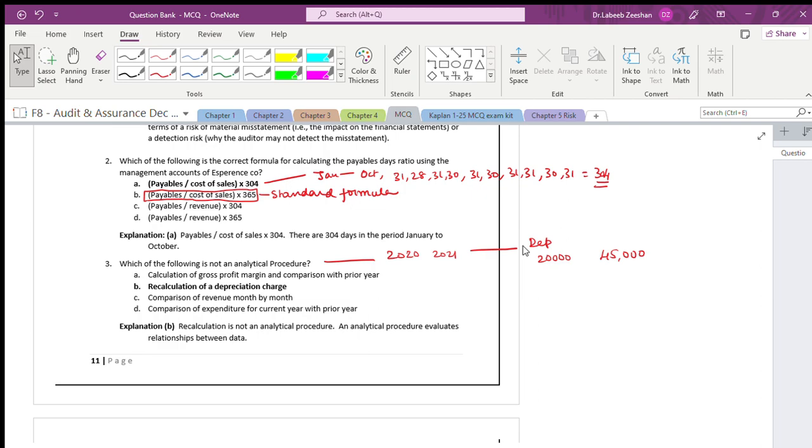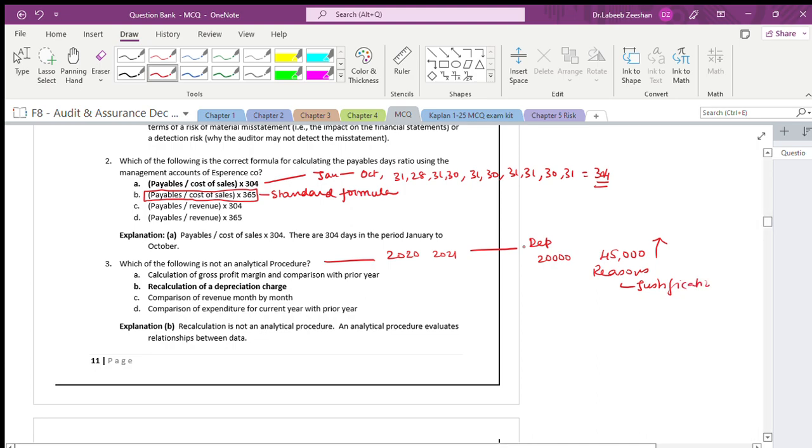You will analyze it in detail. Why is there an increase in depreciation? You want to know the reasons and the justifications. If we are talking in terms of reasons and justifications, it is nothing but an analytical procedure.